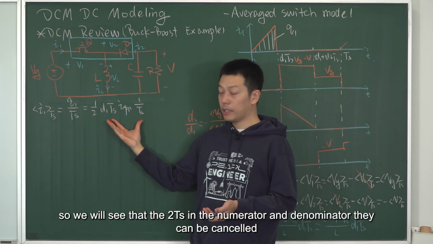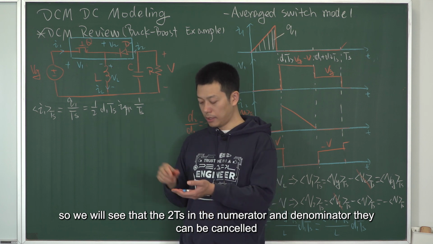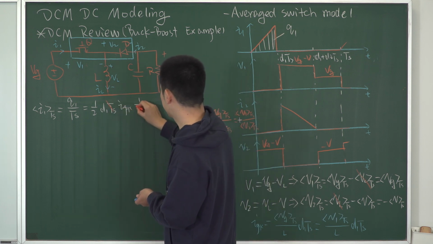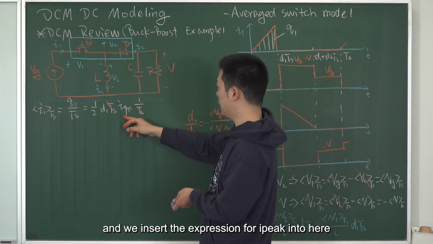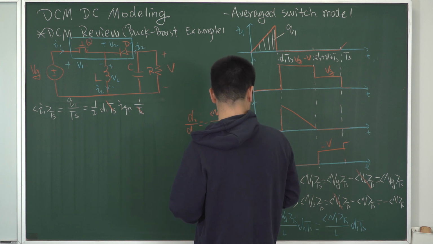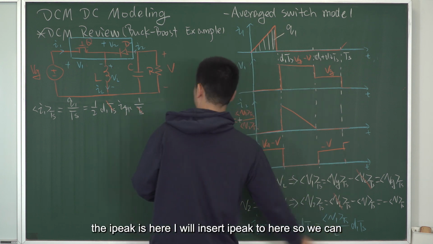So the two TS in the numerator and denominator can be cancelled. And we insert the expression for I peak into here.